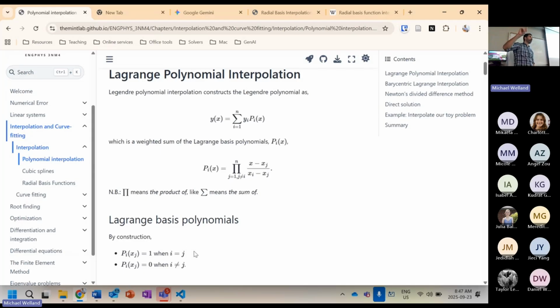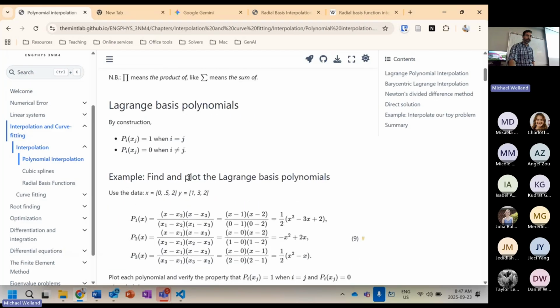And that polynomial at all of the other data points, where the measurements, the x's, are, is going to be equal to 0. I'll show you an example and hopefully that'll be clear. This is a very nice property because it makes all the algebra simplify tremendously. Okay? So when i and j are equal to each other, then it's 1. When they're not equal to each other, then it's 0.